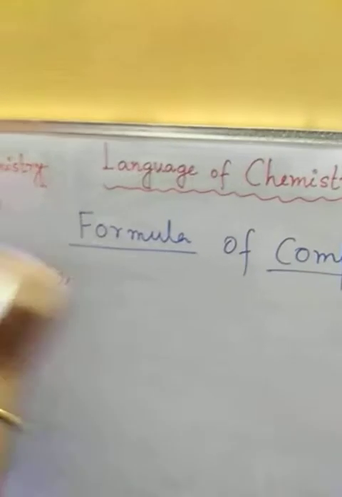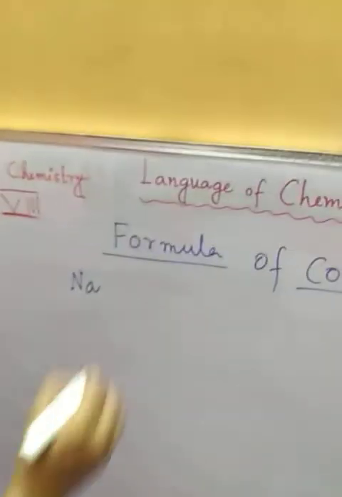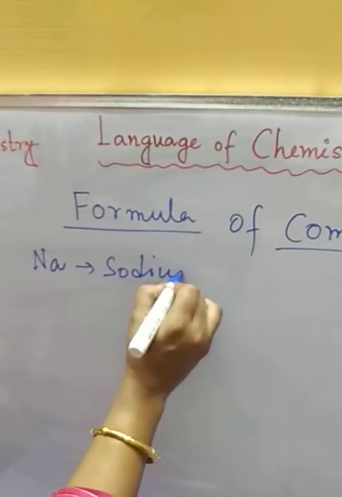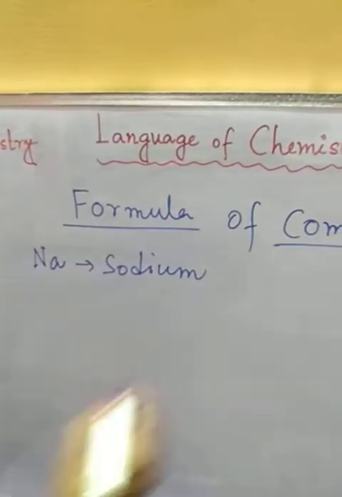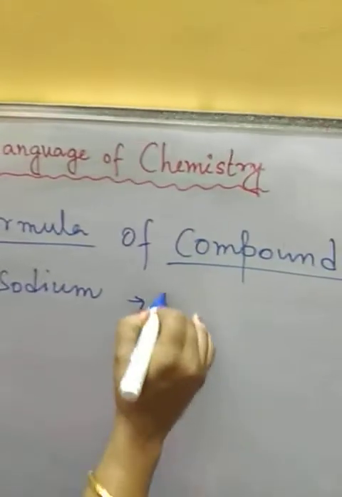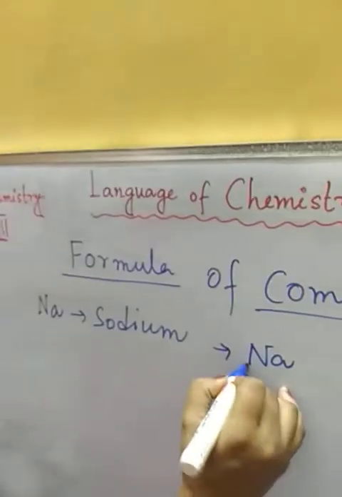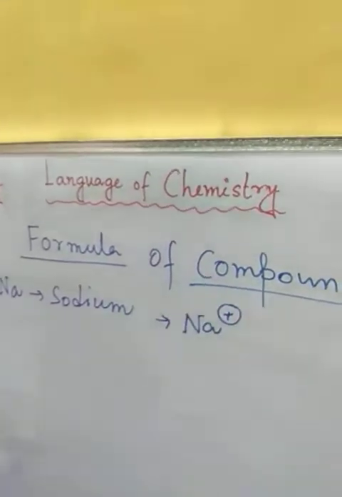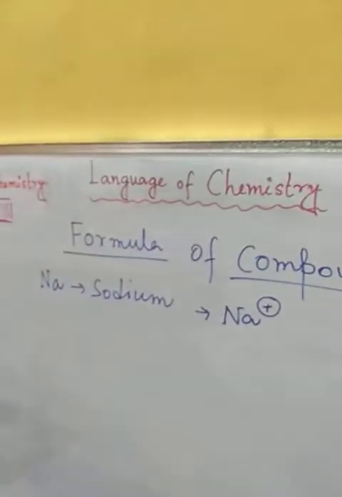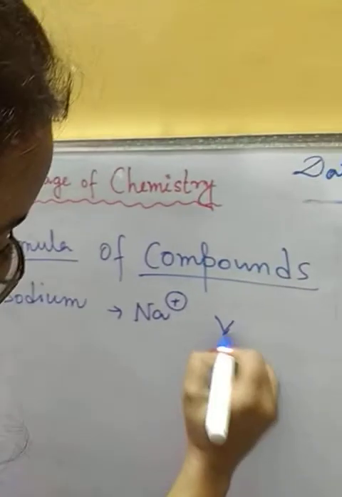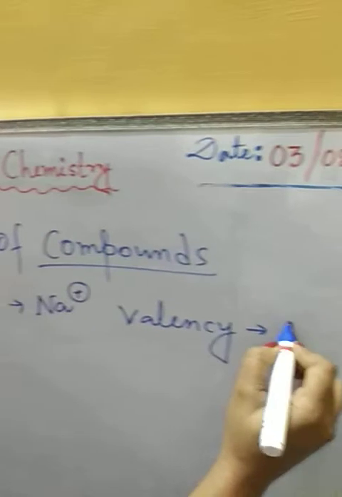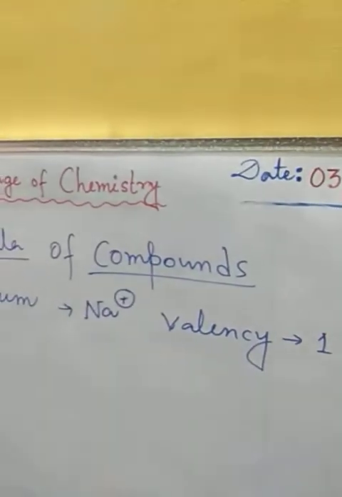Suppose sodium is an element, and when we get the radical from sodium, we write it in this manner, Na plus, as the valency of sodium is 1. That's why we have written Na plus.